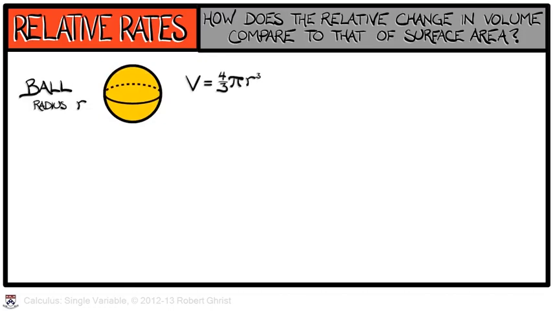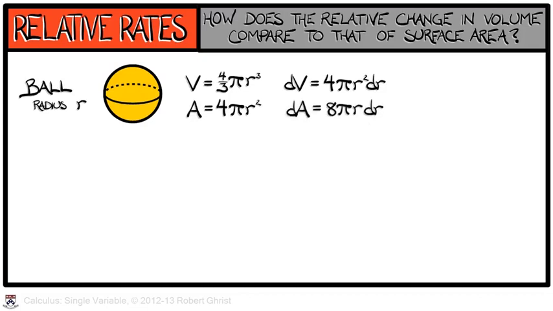Well, the volume is 4/3 pi r cubed. When we differentiate that, we get dV equals 4 pi r squared dr. Now, for surface area, that function is 4 pi r squared.